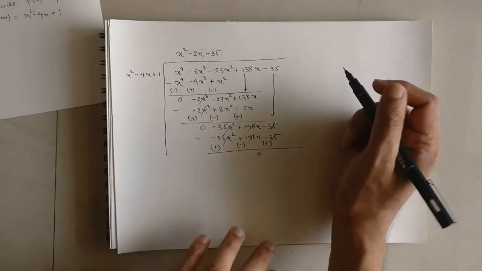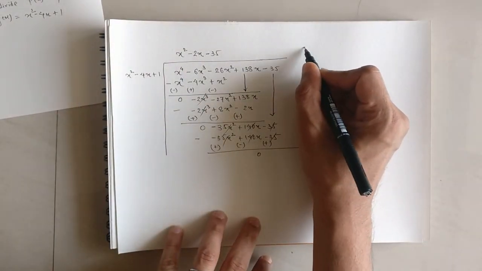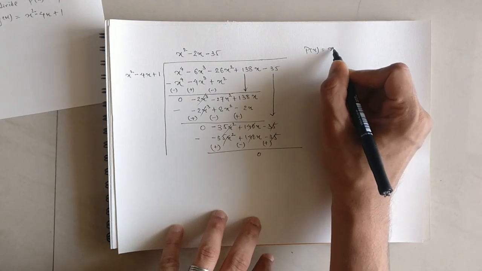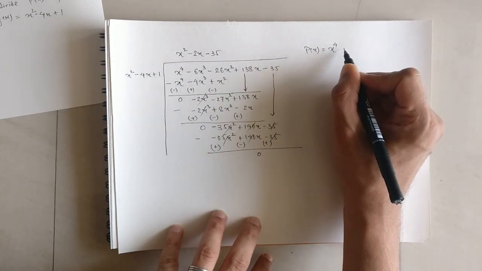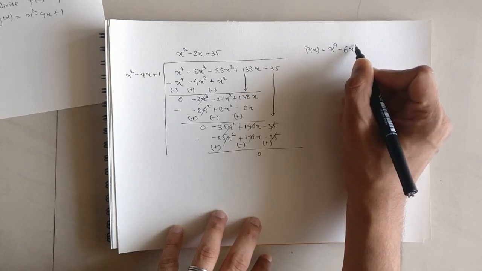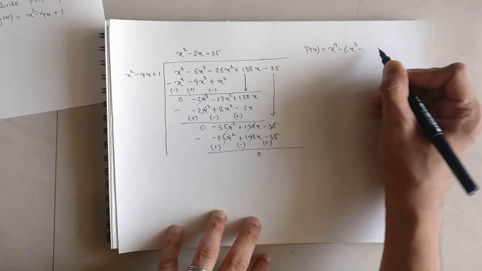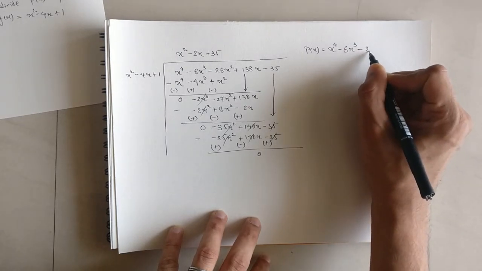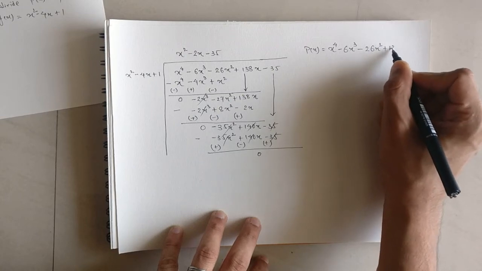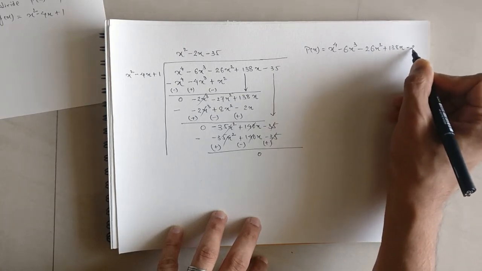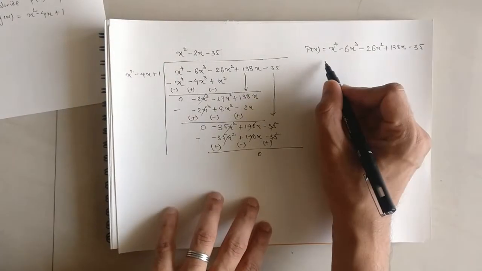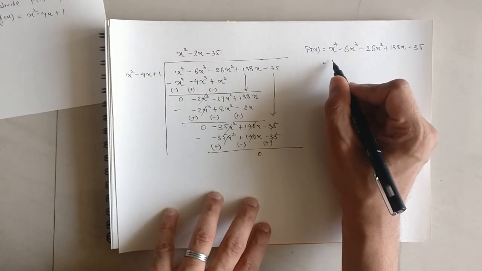So the final step: your p of x, which was the original biquadratic polynomial x raised to 4 minus 6x cube minus 26x square plus 138x minus 35, has been resolved into two factors.